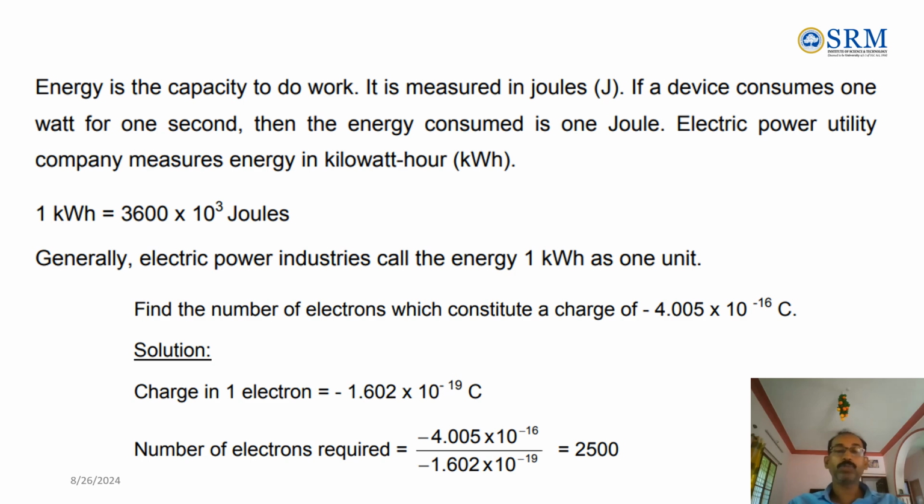It will be 2500. So you must be very clear on the relations between time and current, power and energy, and charge and electrons. With these conversions, you may have some MCQs in your test as well as in your university questions.